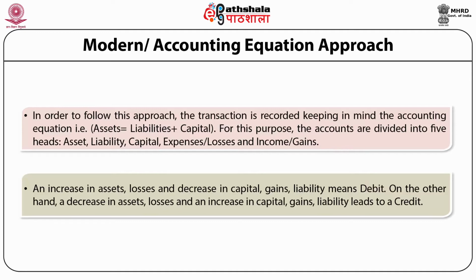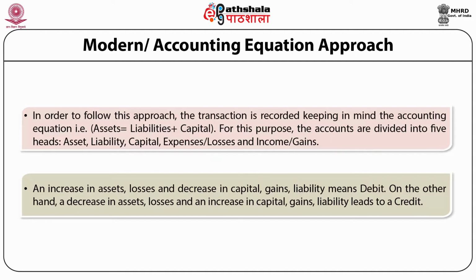Second, purchased machinery for rupees 6 lakhs and paid the amount in the form of a check. According to the above statement, no cash is involved. The effect of the transaction would be an increase in machinery, an asset, by rupees 6 lakhs and a simultaneous decrease in bank balance, which is an asset, by an equal amount.